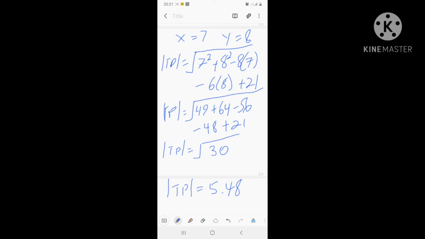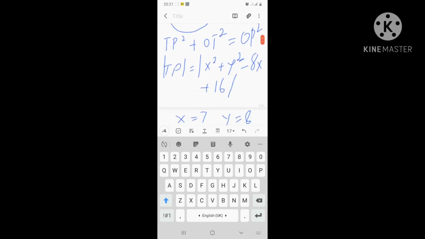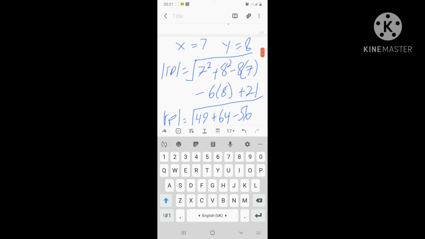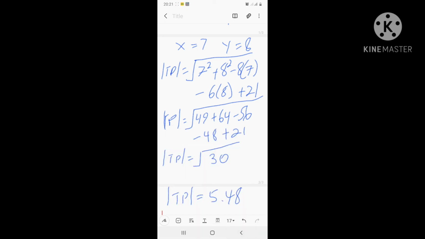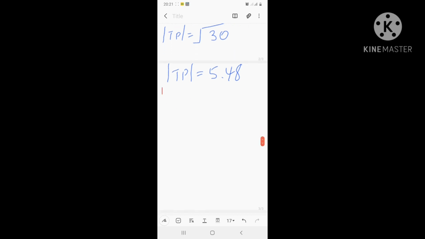So the easiest approach, as we've said earlier, is to find the absolute value of the equation at the exterior point. I hope you've understood everything.